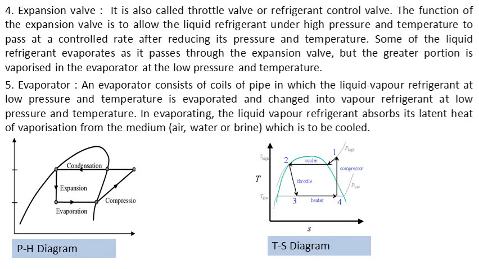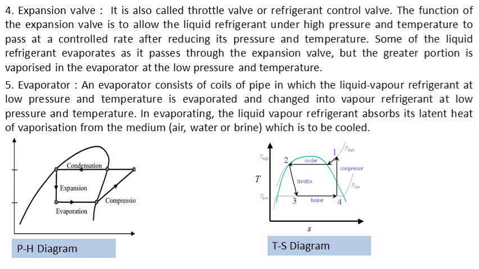Now we will see how the PH and TS diagram is drawn for the simple VCRS. So as you all know, the compression process starts with point number 1 as shown in the diagram. It is on the saturation vapor line. That means point number 1 is before compression, that is on the saturation vapor line.